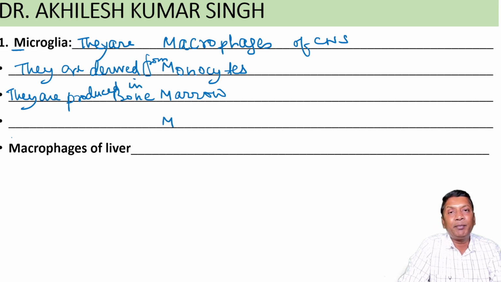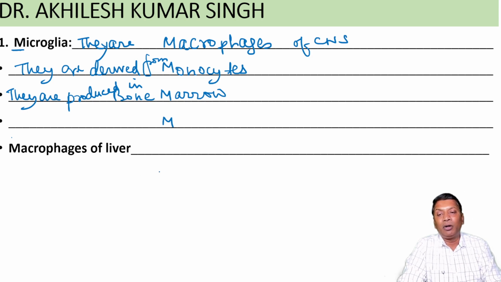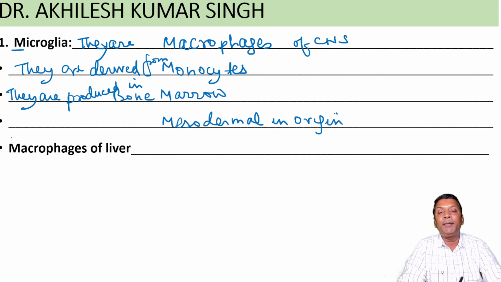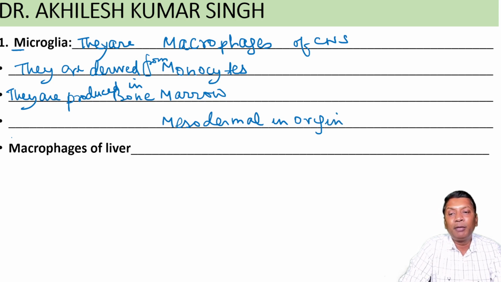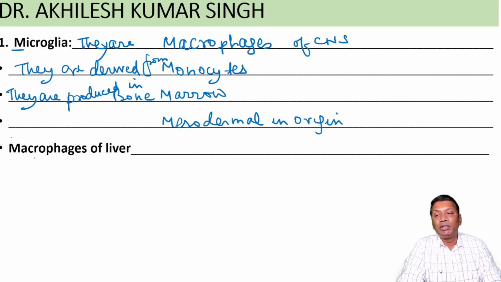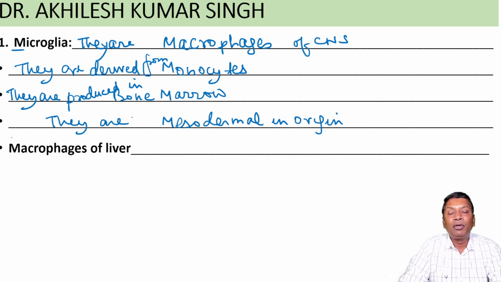And the fourth M is mesoderm, or mesodermal in origin. During embryonic development, the microglia develop from the mesoderm. So these microglia are mesodermal in origin, right? So remember the 4 Ms about the microglia.